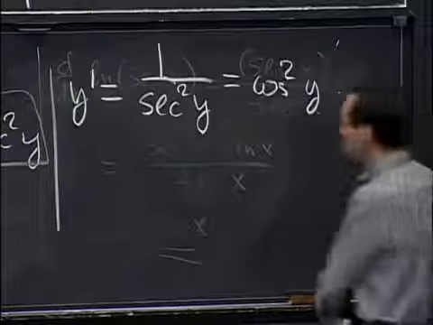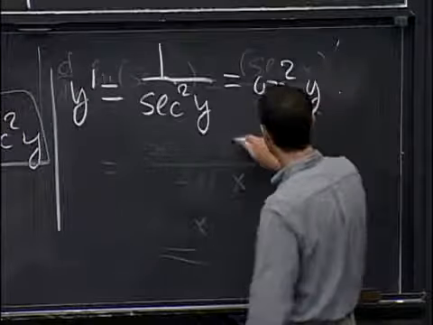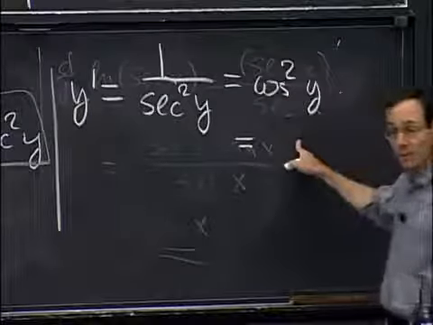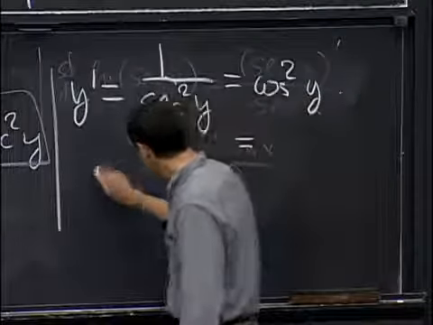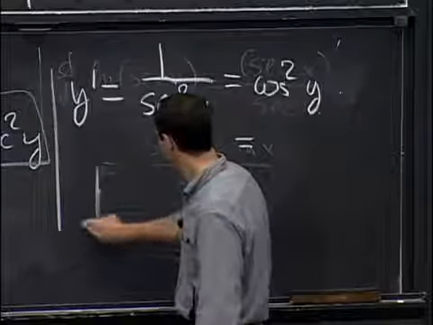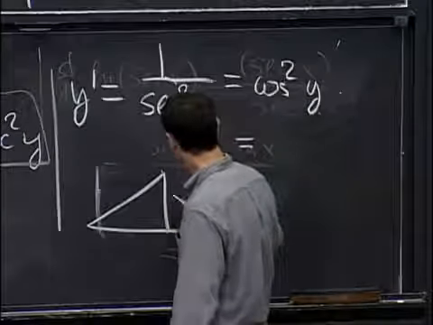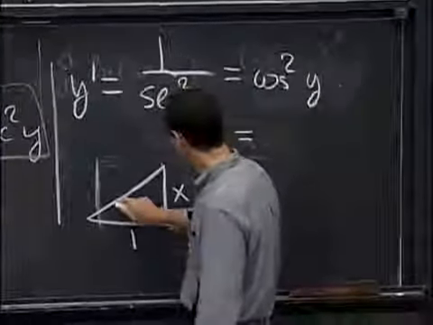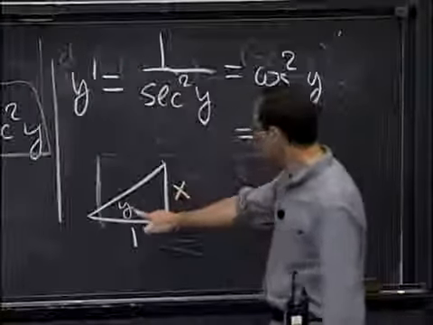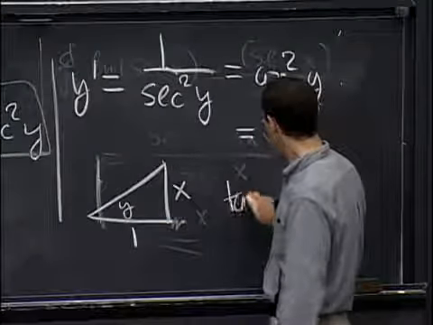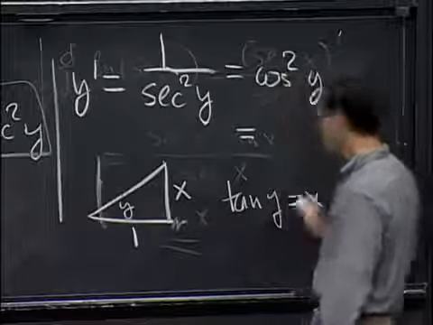Now, the last bit of the problem is to rewrite this in terms of x, and you do that with a right triangle. If this side is x and this side is 1, then the angle is y, because the tangent of y is x.